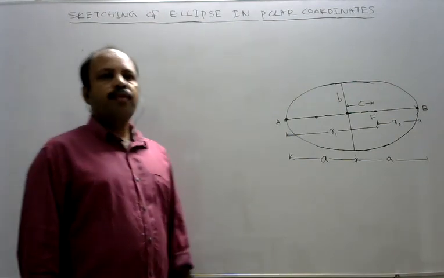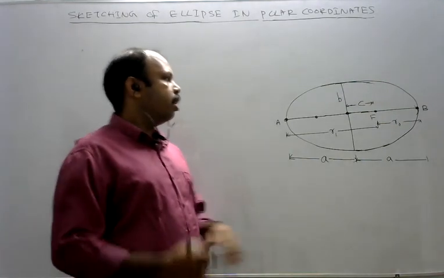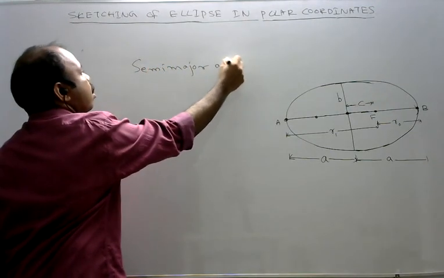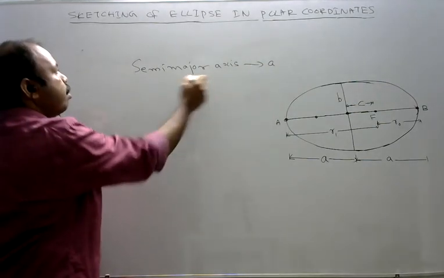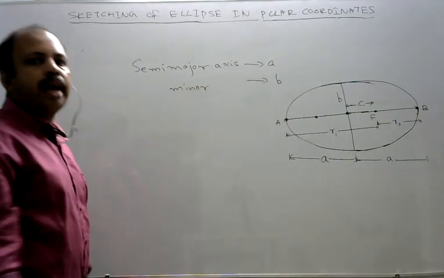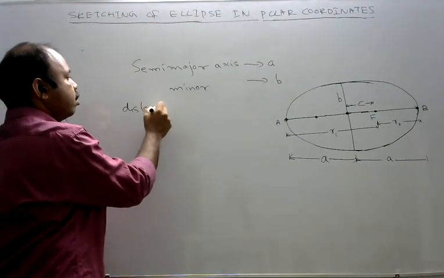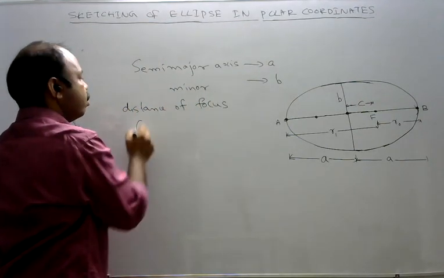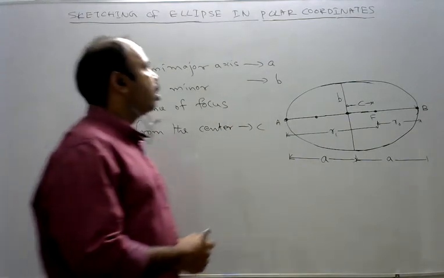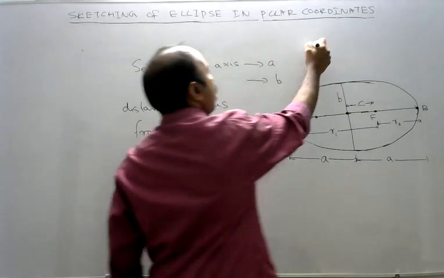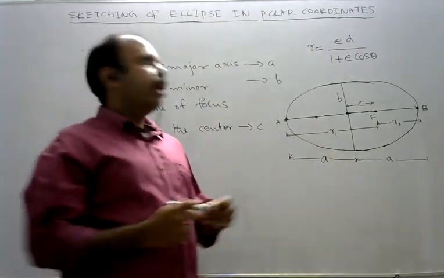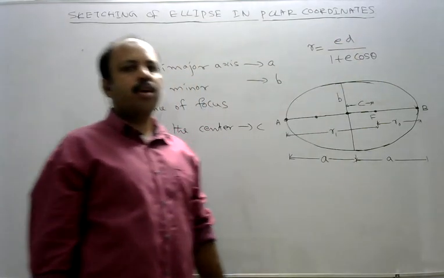As we know, for sketching an ellipse, we need three quantities: its semi-major axis A, semi-minor axis B, and the distance of the focus from the center, C. As we know, one of the polar equations is r equal to ed divided by 1 plus e cos theta, where e is the eccentricity and d is the distance from the focus to the directrix.